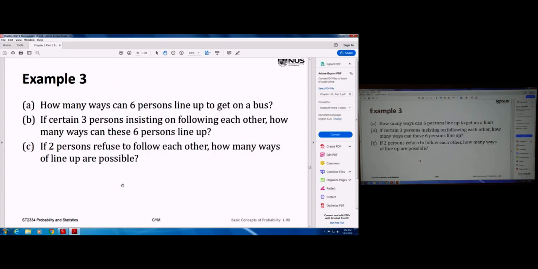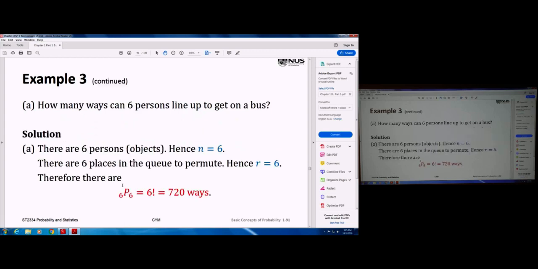Okay, this one is a little bit more complicated. One has to think a little bit more, but I think it's worth doing. So let's have a look. We'll start with part A. It's all about people lining up to get on a bus. How many ways can 6 people line up to get on a bus? This one's not so bad.